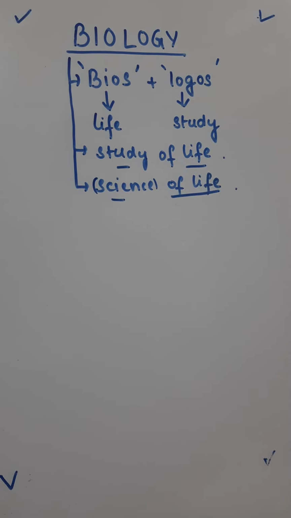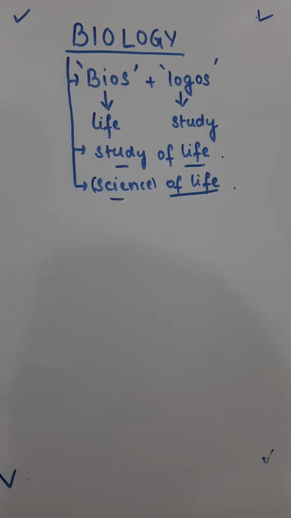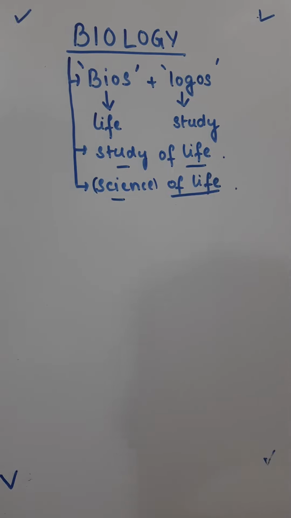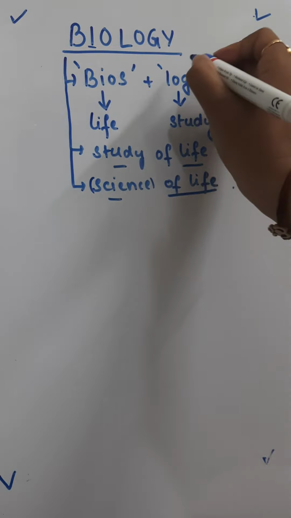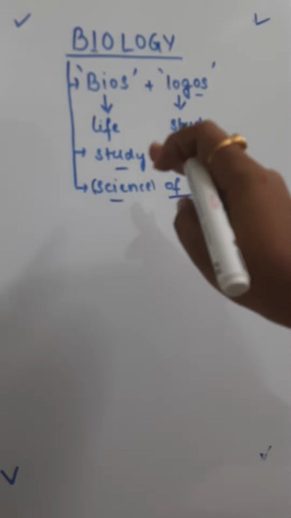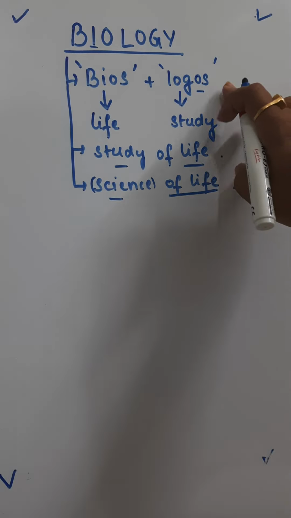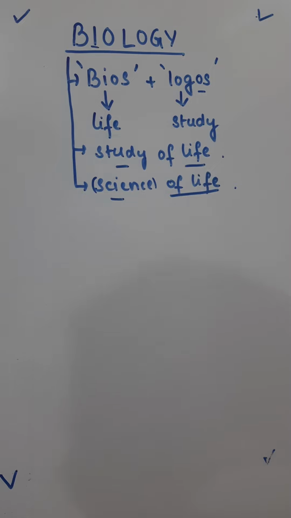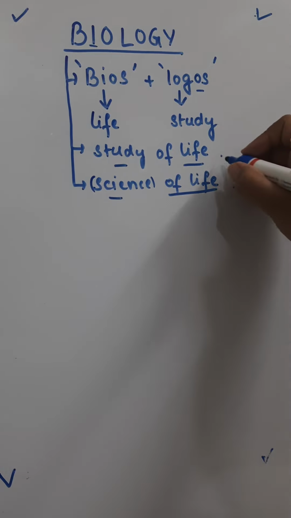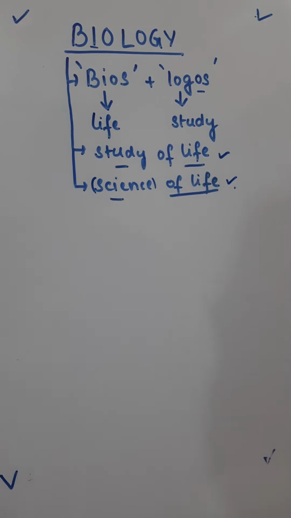Now coming to the definition of biology, you can see that the term biology comes from the two words, bios and logos. What does the term bios mean? Bios means life and logos means study. So ultimately biology is the study of life or the science of life.